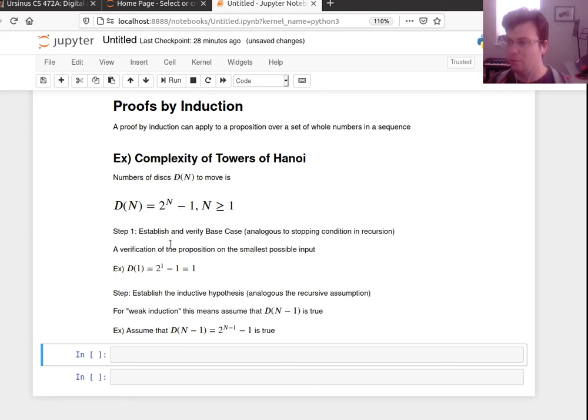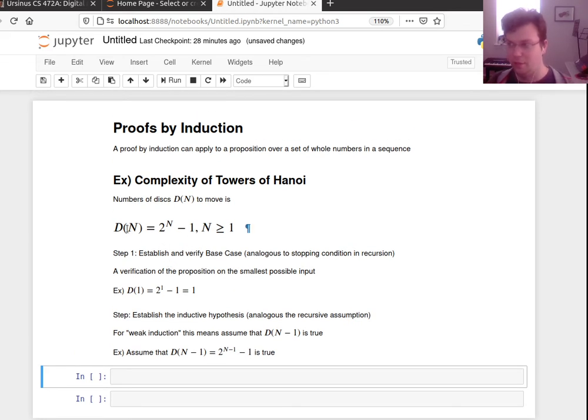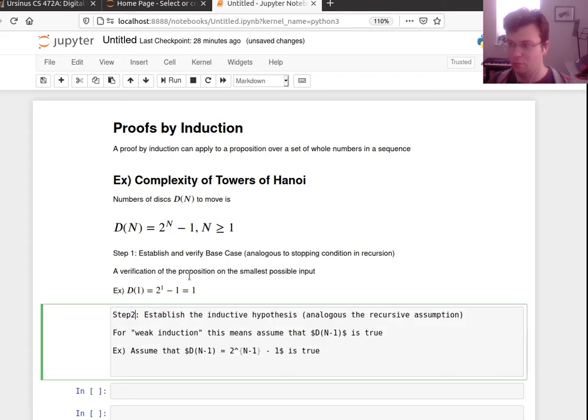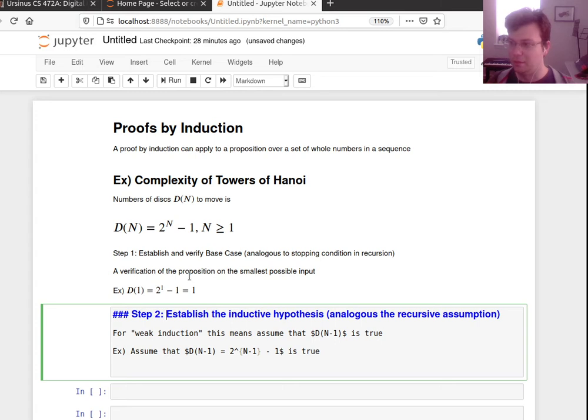Okay, so I haven't proved yet that this in general is true for any n. But if I fix my n, then I can assume the one that's one smaller does satisfy my proposition. So I can assume this. So that's step 2.